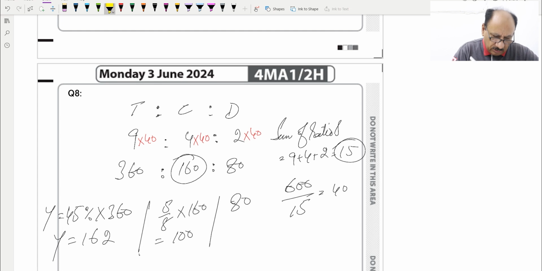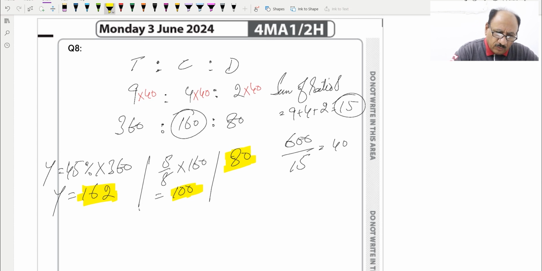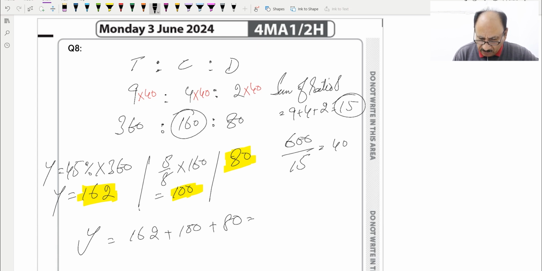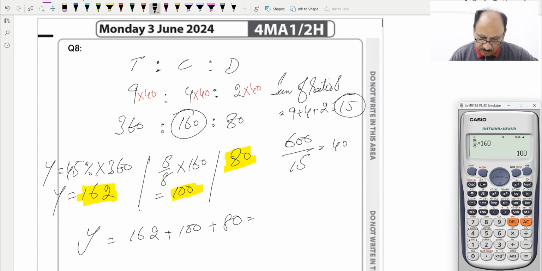So which ones are yellow? 162 are yellow, 100 are yellow, and 80 are yellow. So we need to calculate all yellow. All yellow will be equal to 162 plus 100 plus 80, and this total number we will have to calculate.